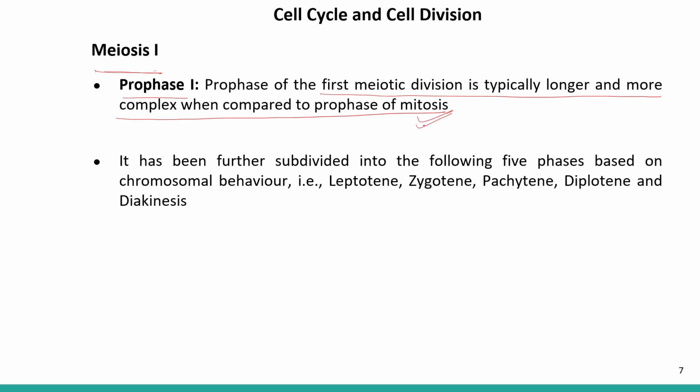It has been further subdivided into the following 5 phases based on the chromosomal behavior: leptotene, zygotene, pachytene, diplotene and diakinesis. These are all the subdivision phases of prophase 1.